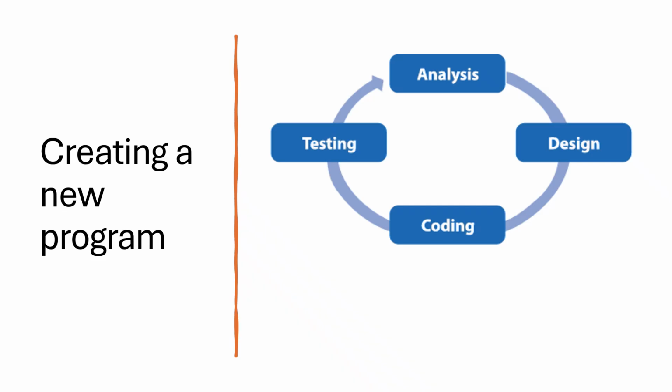But then life goes on and the system has to be amended, changed or updated from time to time. And for that, again, you have to go through the same series of processes.